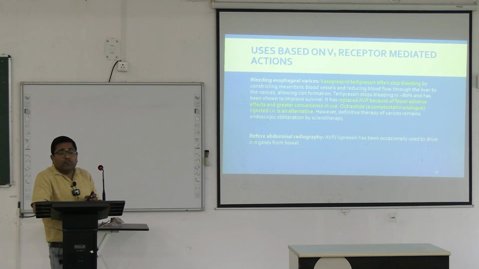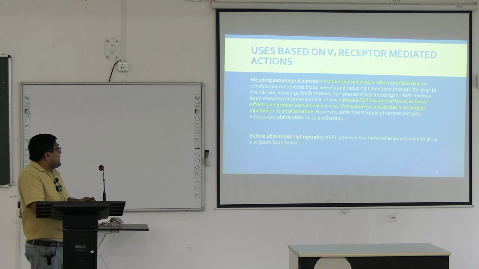Now, what is the treatment of choice in bleeding esophageal varices? Anyone? It is a surgical treatment, basically endoscopic sclerotherapy of the esophageal varices. Now, the drugs pharmacologically that can be used are vasopressin or terlipressin, not desmopressin.